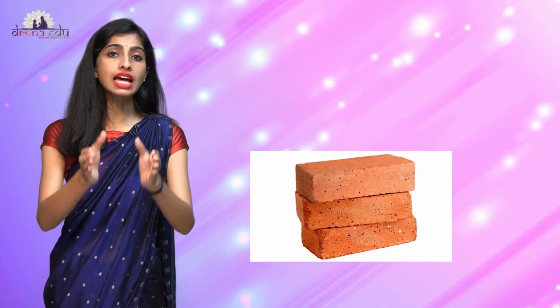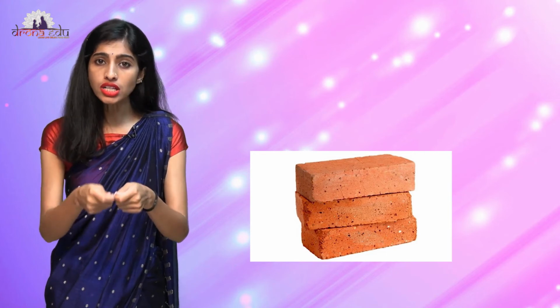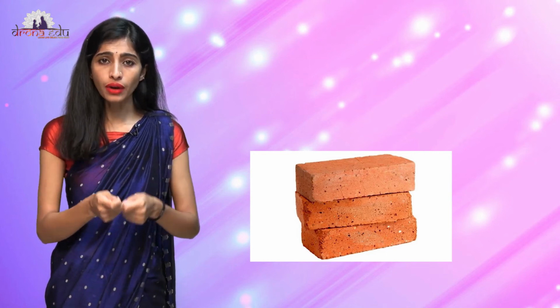For example, I told you brick, right? The brick is at its rest. Okay, you have tied a string. Now you are pulling it, right? You are pulling a string. Okay, it is at rest. While it leaves its rest and starts moving, then it is called static friction.